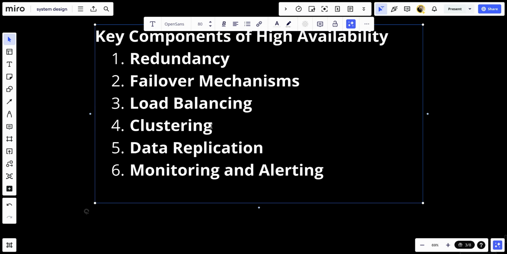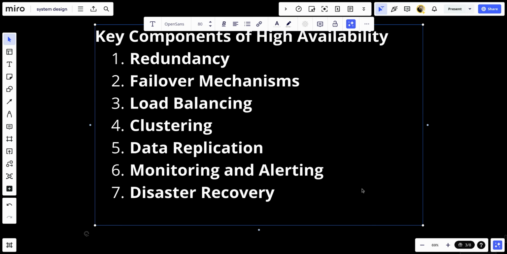And lastly, we want to talk about disaster recovery. It involves strategies and solutions to recover and restore systems and data after a catastrophic event. This can include off-site backups, replication to geographically distant locations, and predefined recovery procedures.